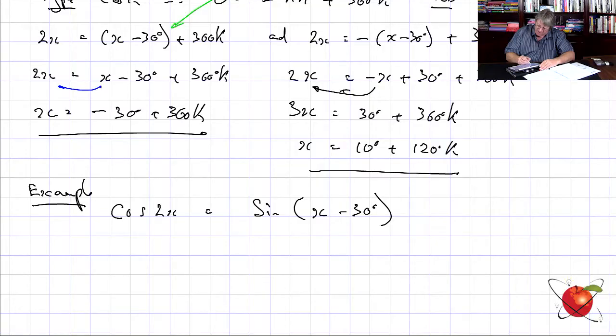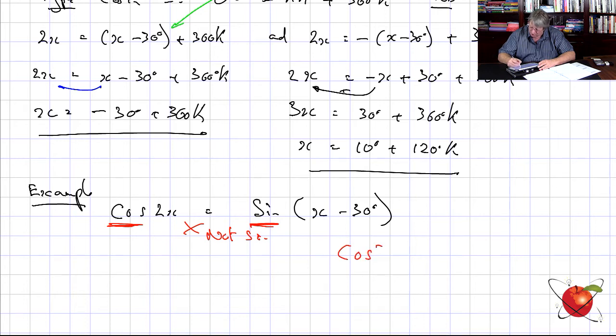We can't do that because now that's a cos and that's a sine. They're not the same. I cannot take cos to the minus 1 of sine. That doesn't exist. Arc cos of sine, if that was just a number, yes, I can do it. But it's not. It's got an x in it. So how do I do this?